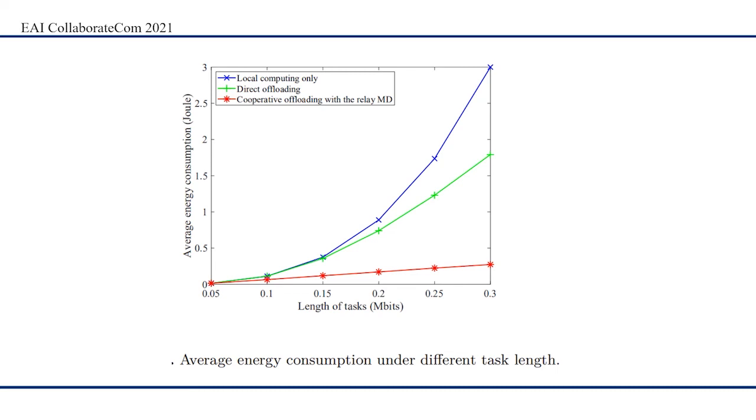But the local computing only scheme consumes more energy as the input task length increases, due to the increase of CPU frequency. Our proposed scheme consumes relatively much less energy because part of the task can be offloaded to the relay mobile device and MEC servers for execution.